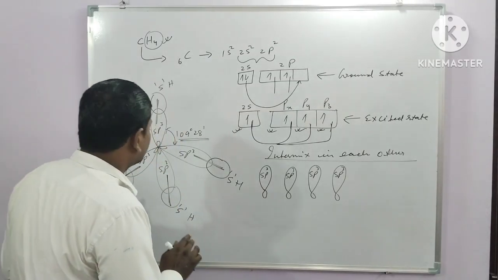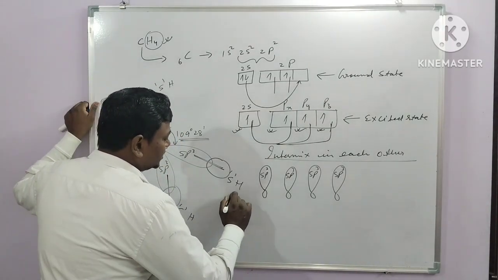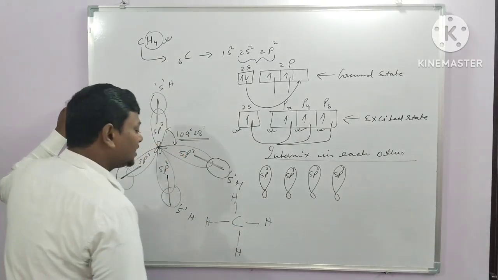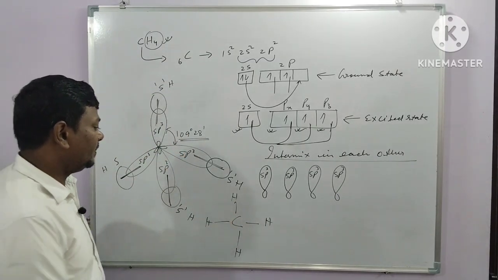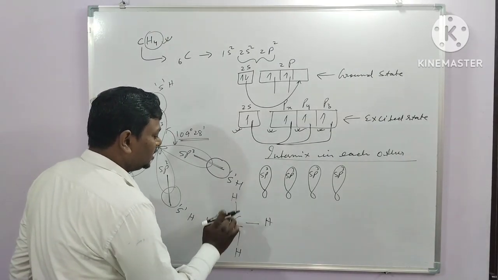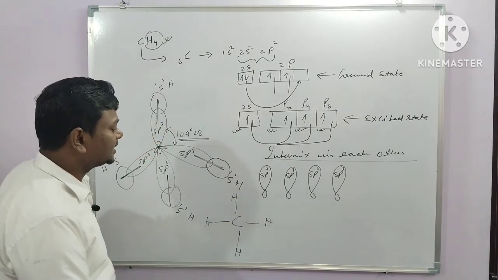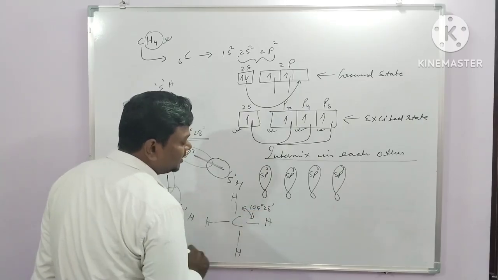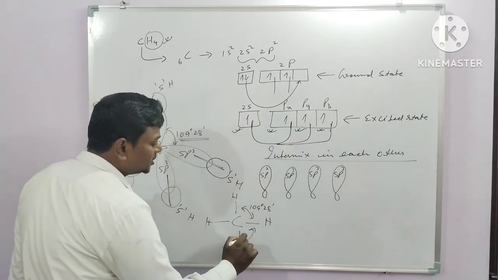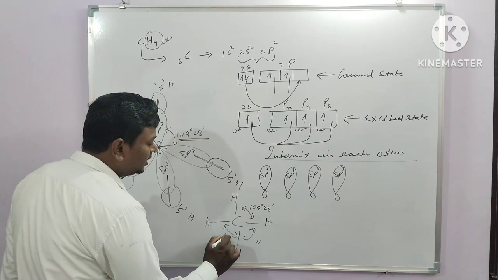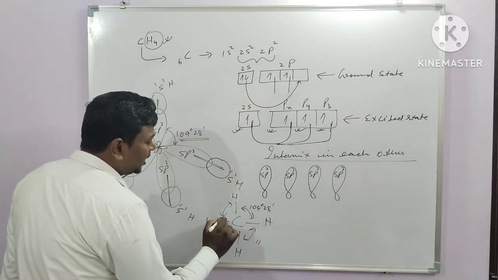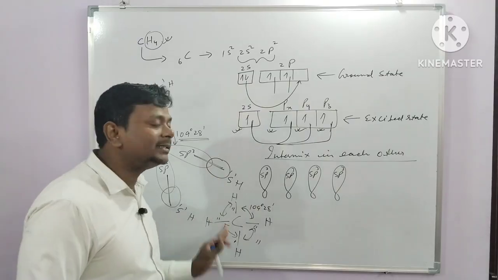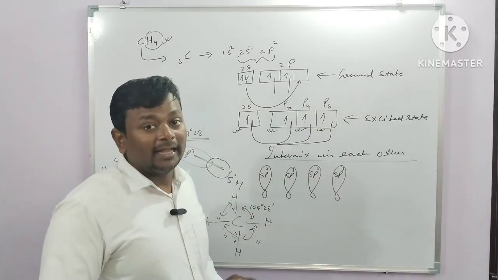So like this, all the bonds formed between carbon and hydrogens have a 109 degree 28 minute bond angle, and their bond strengths and bond lengths are also the same.